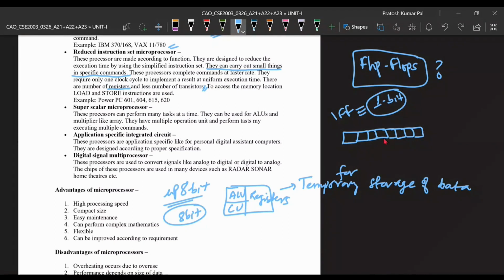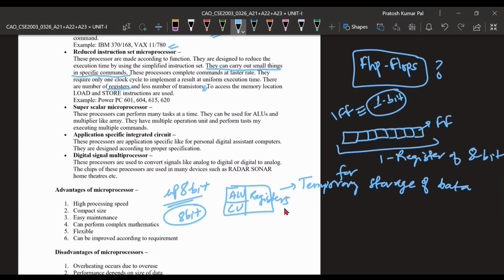If 8 flip-flops are connected in that way, this combination is considered a register, one register of 8 bits. So the register inside the CPU consists of flip-flops, and one flip-flop can store 1 bit. A register of 8 bits is made up of 8 flip-flops.